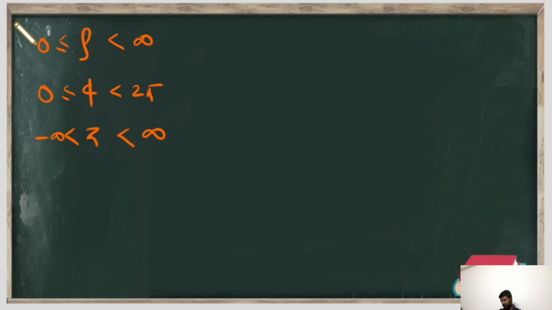If we write a vector in the cylindrical coordinate system, then vector A is equal to the rho component of vector field A, a rho, plus a phi, a phi, plus az, a z.